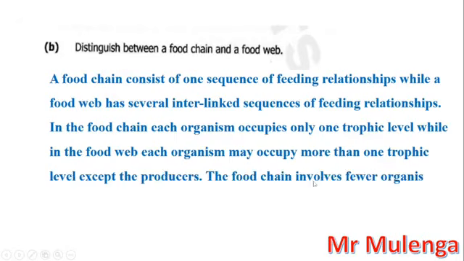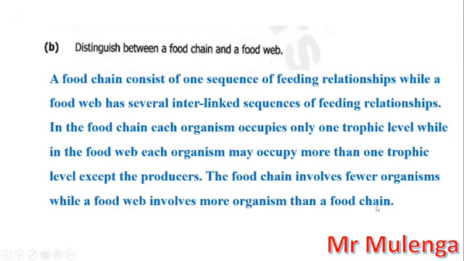The food chain involves fewer organisms, while a food web involves more organisms than a food chain. So these are some of the differences between a food chain and a food web. So we have answered our question B. Let us now move on to our next question.